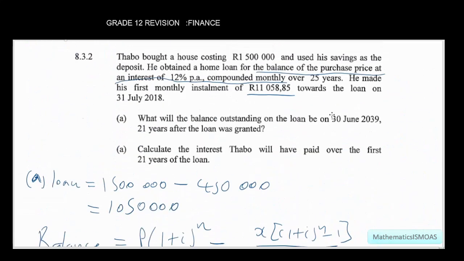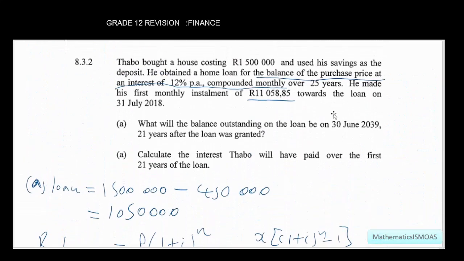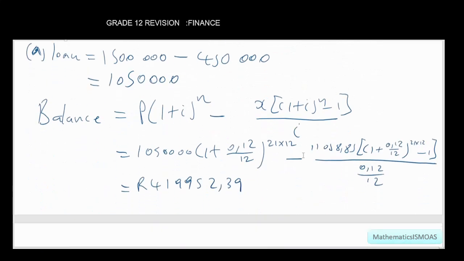All right, and then question 8.2b. This is now B, not A. Calculate the interest Thabo will have paid over the first 21 years of the loan. Now we want the interest.